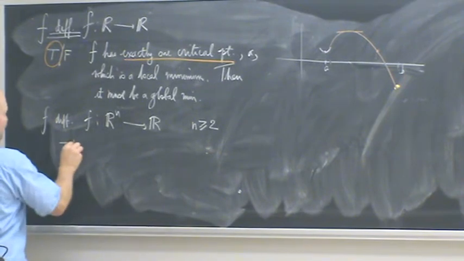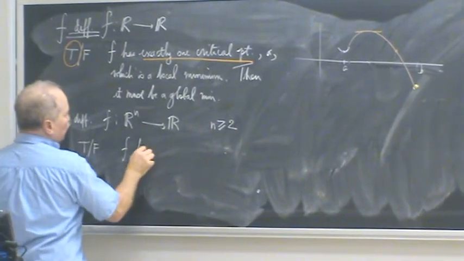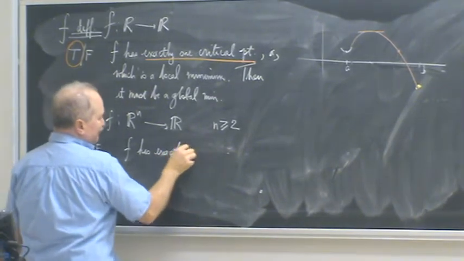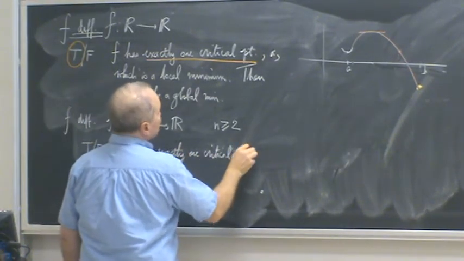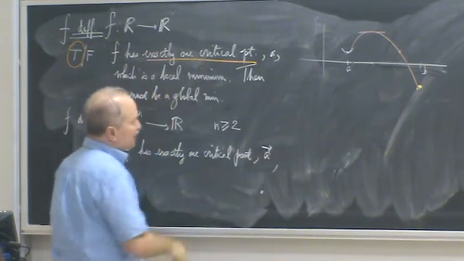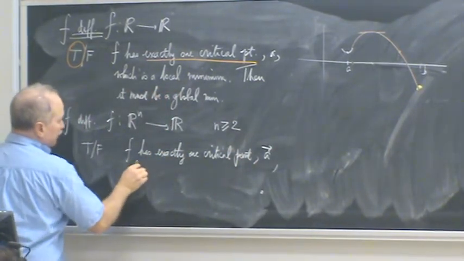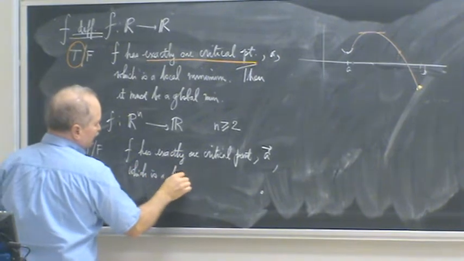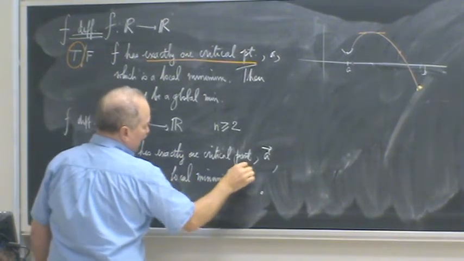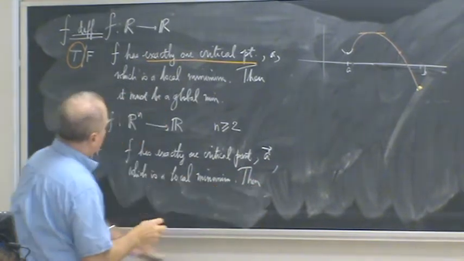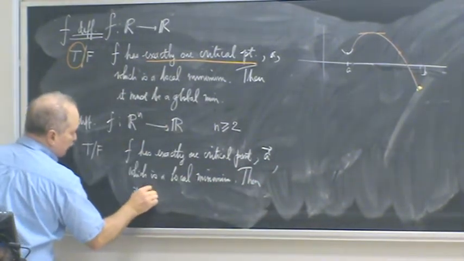True, false. Suppose F has exactly one critical point, A, which is a local minimum. And A must be a global minimum.